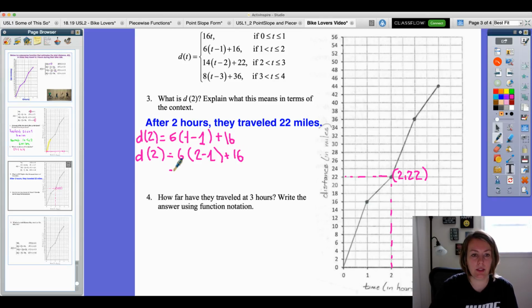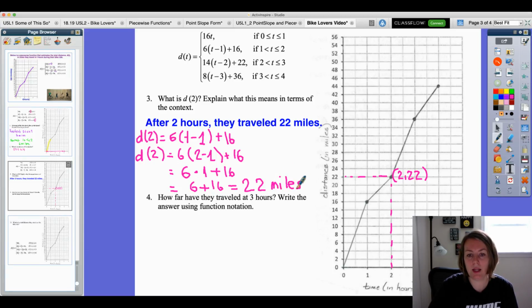And I'll go ahead and continue to simplify. Well, 2 minus 1 equals 1. So that would be 6 times 1 plus 16. And I'll continue. That would be 6 plus 16. And here I also get my 22 miles.